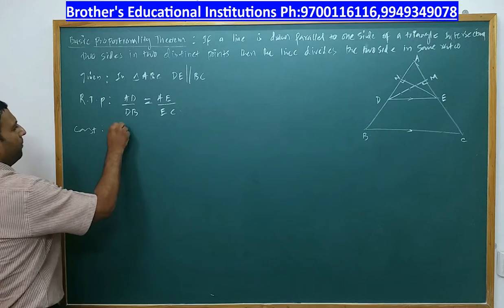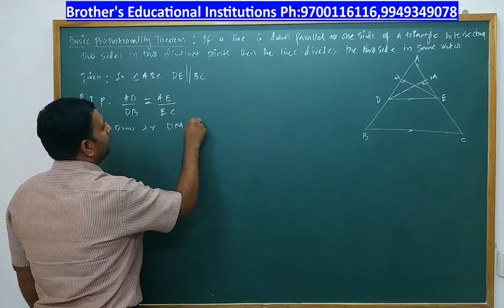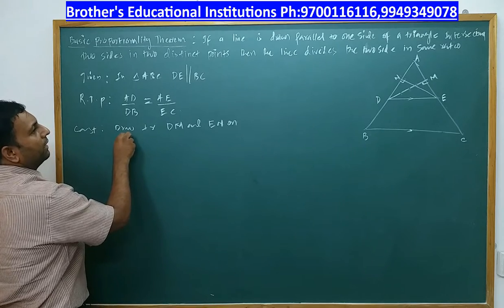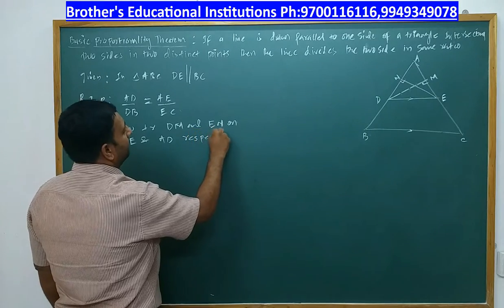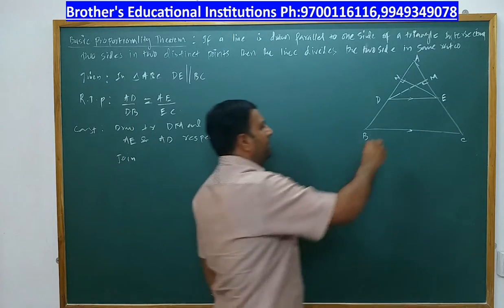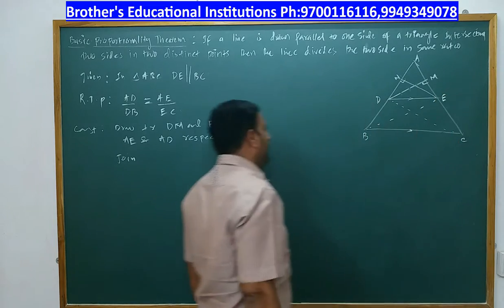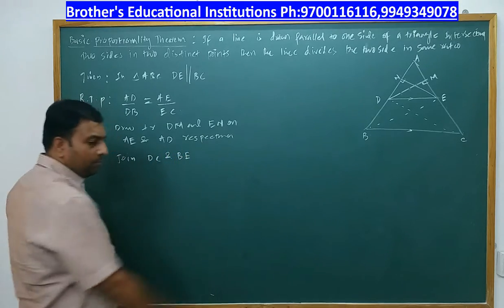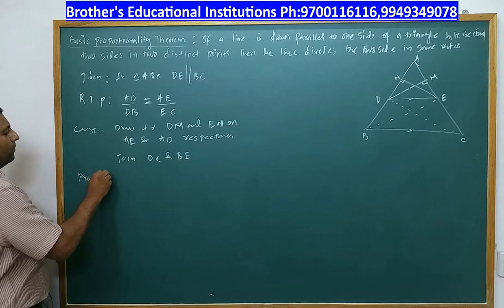I'll say construction: draw perpendiculars DM and EN on AE and AD respectively, and join DC and BE. Now once you do that, we'll go for the proof.